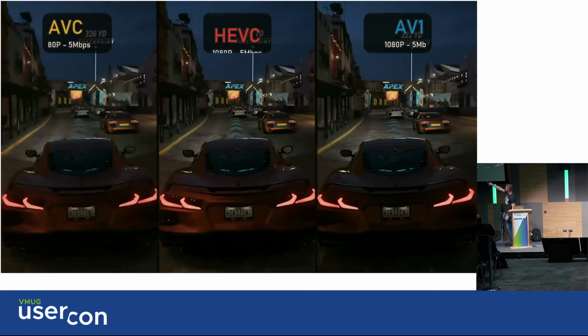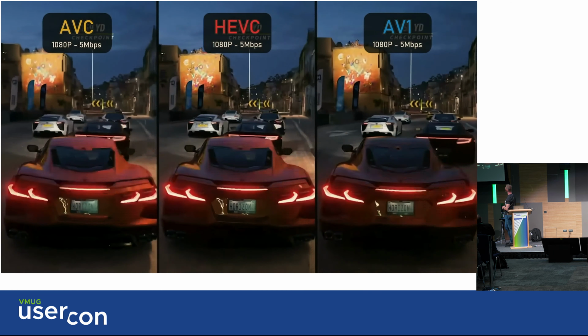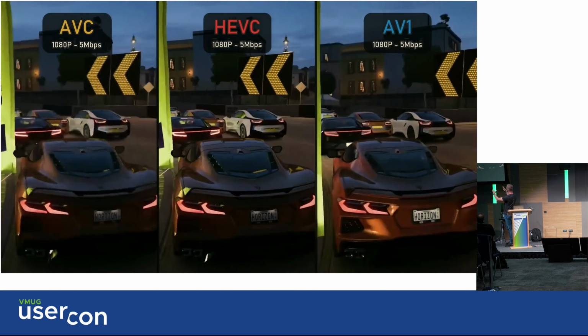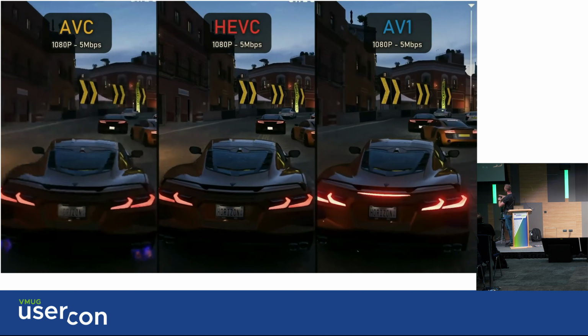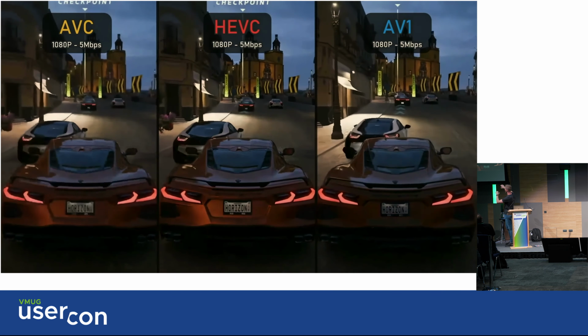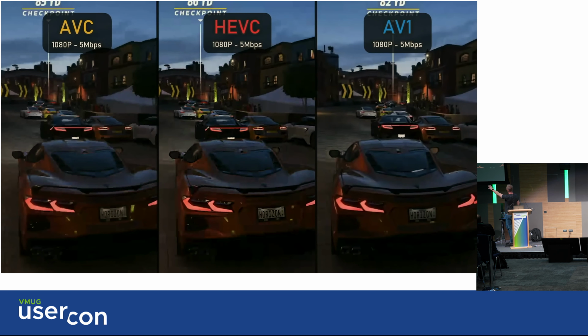So on the far left, you can see AVC or H.264. HEVC is in the middle, and AV1 is on the right. If the video is constantly moving, you don't really see the differences at first glance. But if you take a better look at the different videos, you can actually see that the further right we go, the more the quality improves.